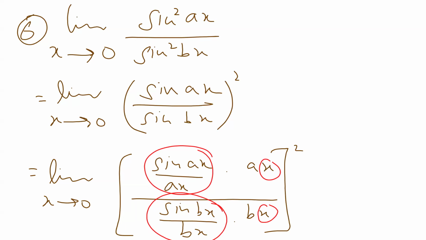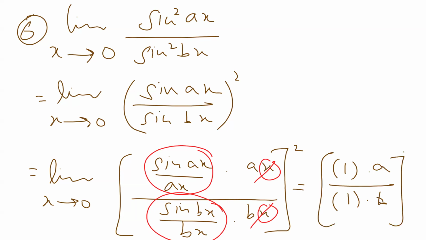It gets cancelled. So this is equal to 1 into A, 1 into B, whole square. They are within the square. There is a square on the top. So the answer is A square by B square.